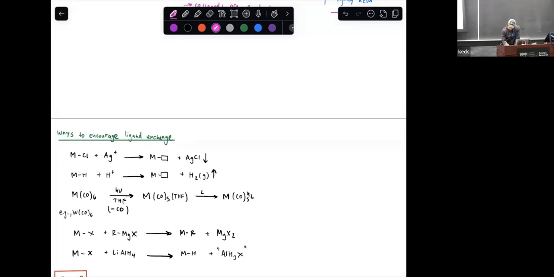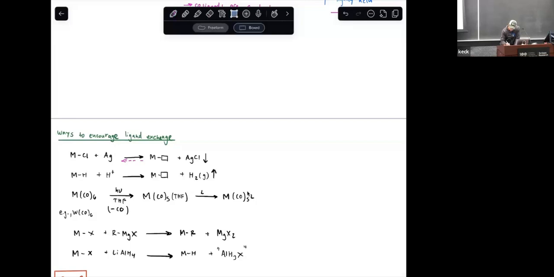And so what does that do? Well, a lot of ligand exchange events are intrinsically reversible, but we can drive this reaction to the right through Le Chatelier's principle because most silver halide salts are completely insoluble in organic solvents. If we consider a specific example of, let's say, silver triflate, why silver triflate?